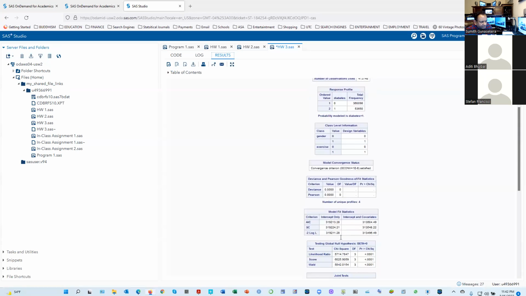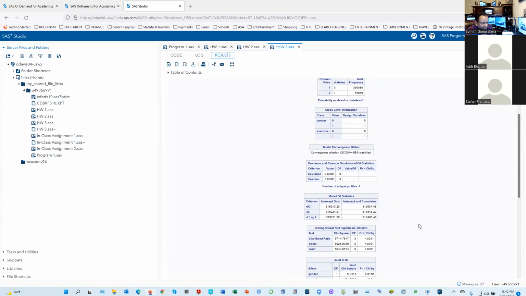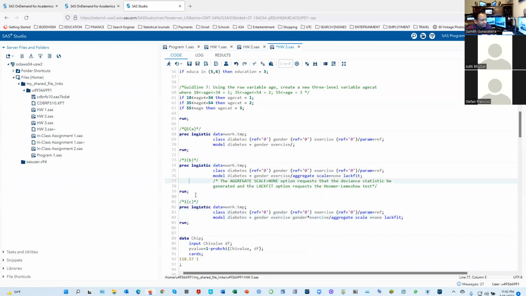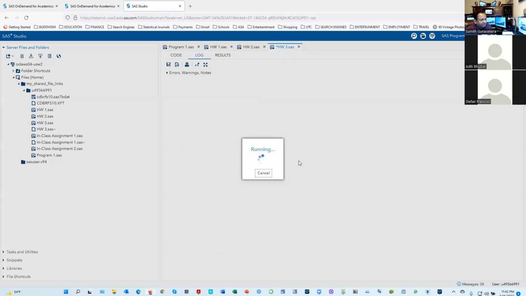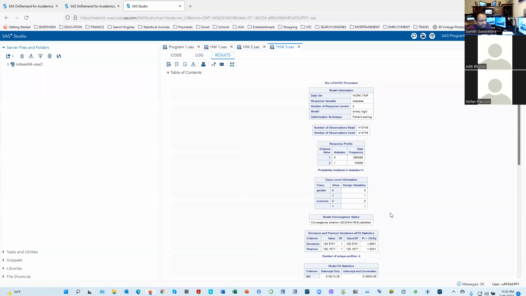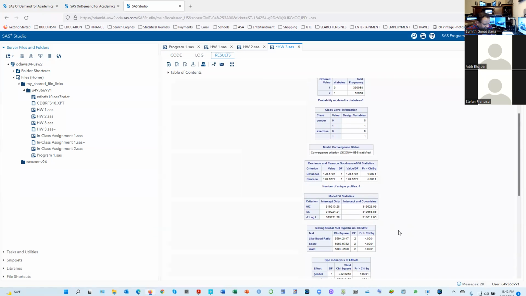This deviance: sorry, minus 2 times log of 31, 34, 96.49, minus this one, which is going to be 31, 36, 70.17.06. Yes, the difference is 120.57. Do I have that one here? Yes, so here, exactly, 120.557.